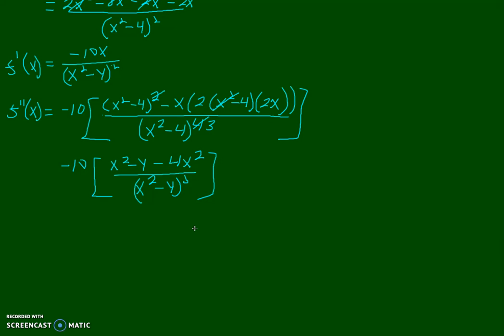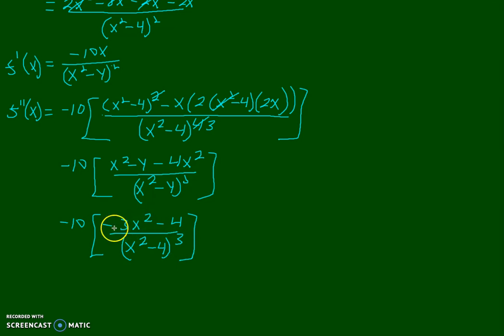This simplifies to negative 4x squared plus x squared is negative 3x squared. So this is negative 10 times negative 3x squared minus 4 over x squared minus 4 to the third.